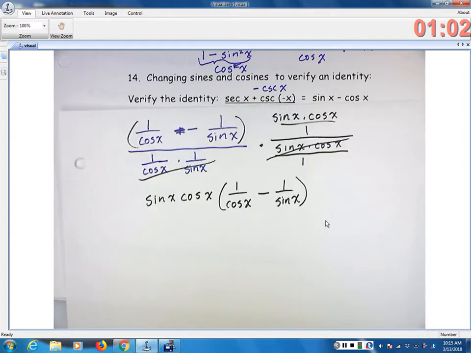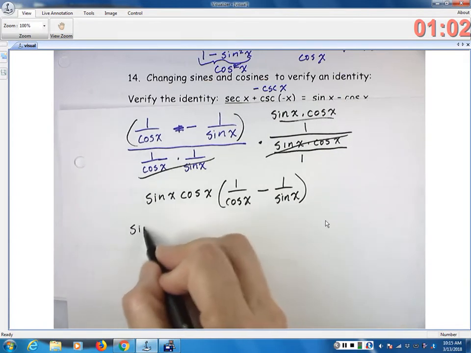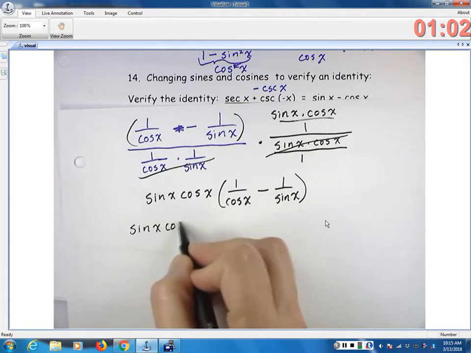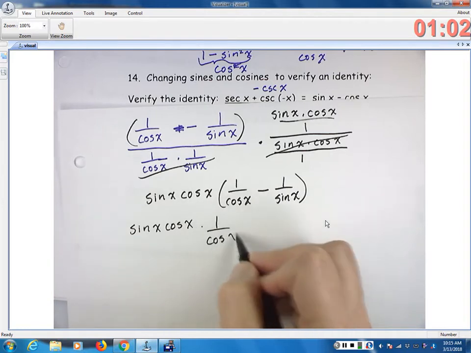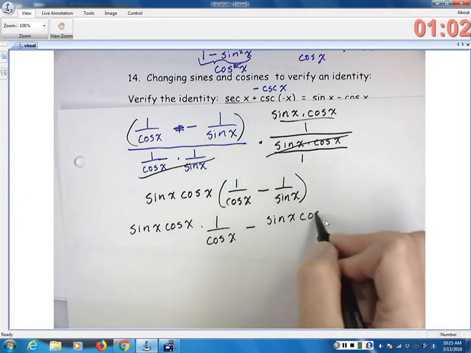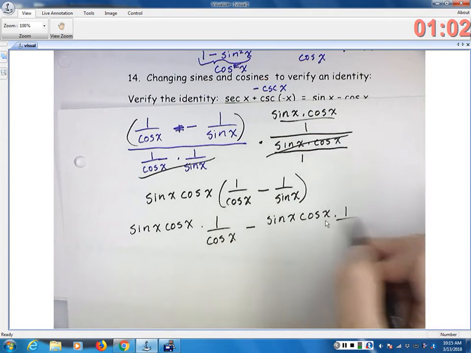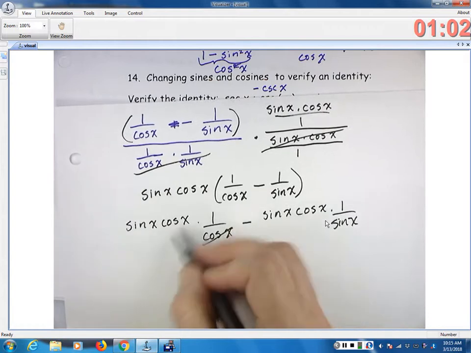We're then going to distribute that. I can write it out; sometimes I skip these steps. 1 over cosine x times sine x cosine x, minus sine x cosine x times 1 over sine x. These cancel.